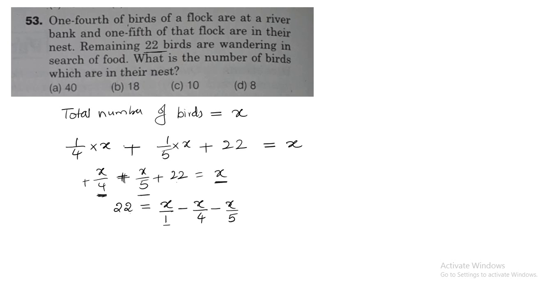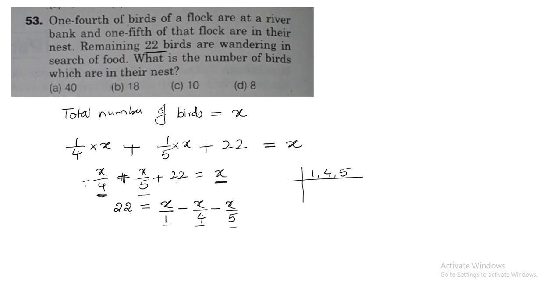Now if you observe, the denominators are different, that means they are unlike fractions. If they are unlike fractions, to add or subtract, we should make their denominators the same. So for that we need to do LCM of 1, 4, 5. Here 4 and 5 are co-primes.